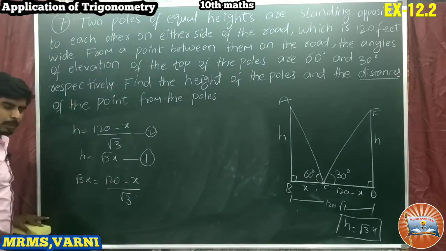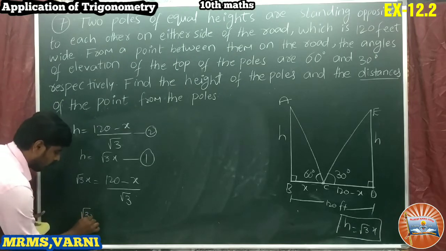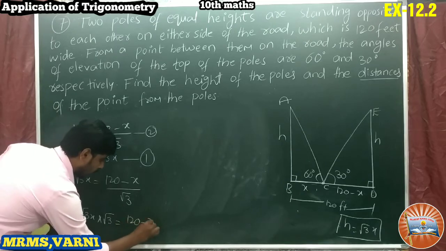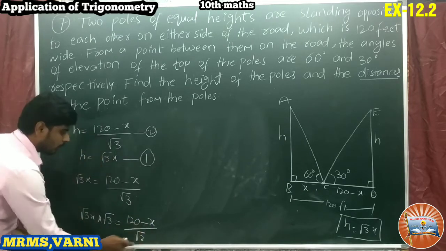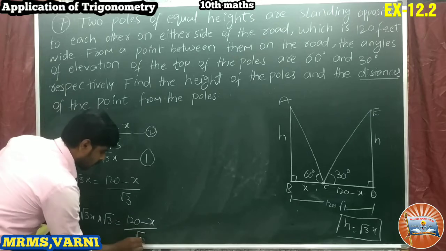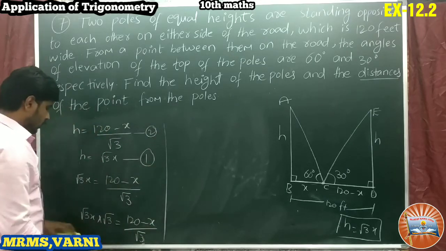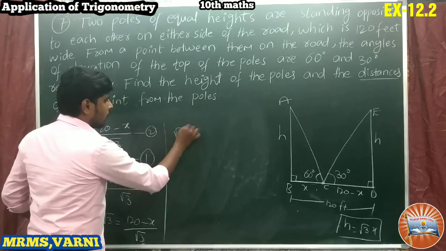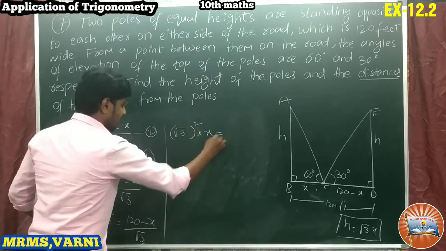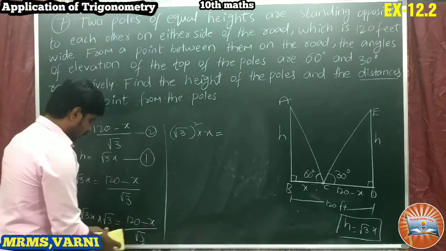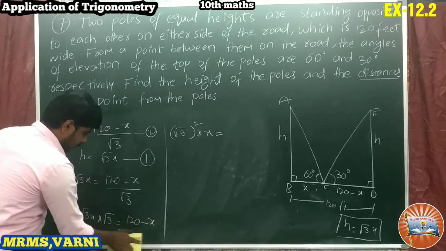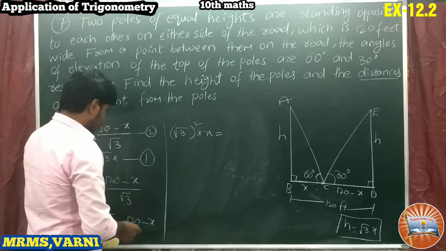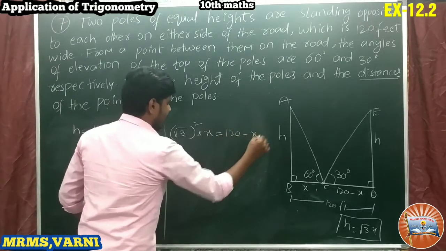Right. Take the cross multiplication again. It becomes root 3 X into root 3 is equal to 120 minus X. Root 3 goes to the LHS side, so here it is 120 minus X as it is.